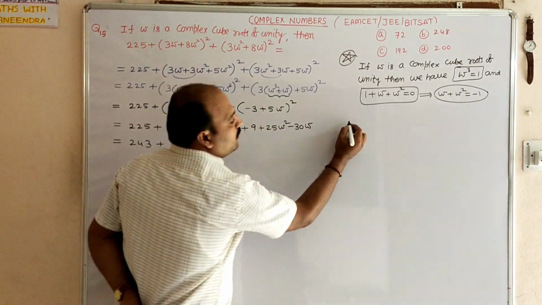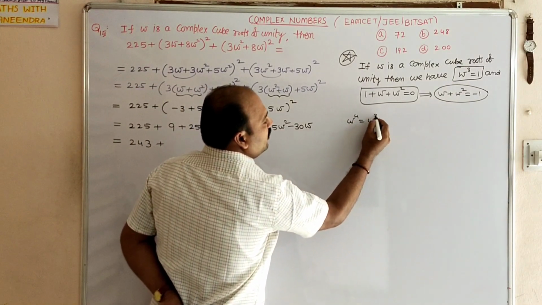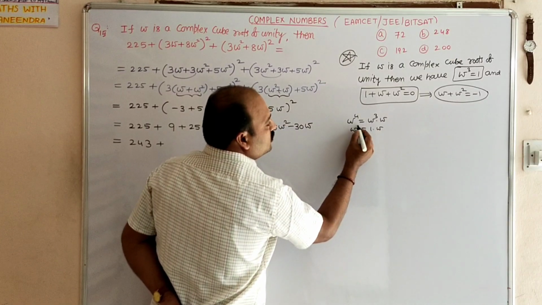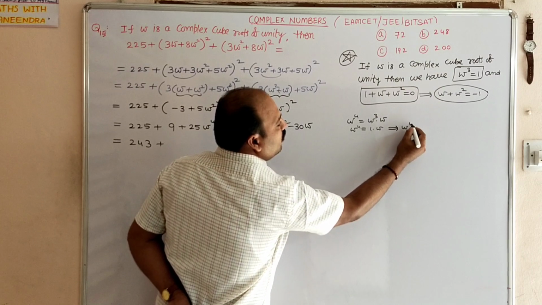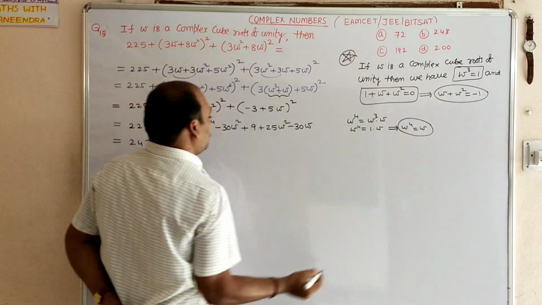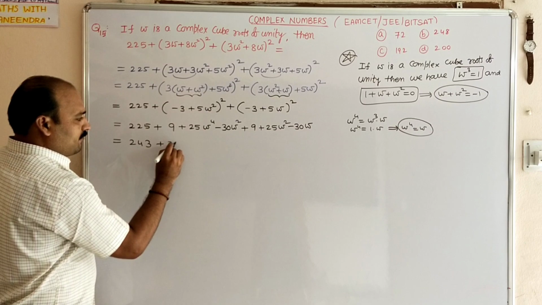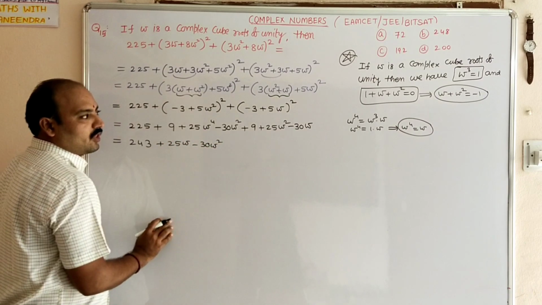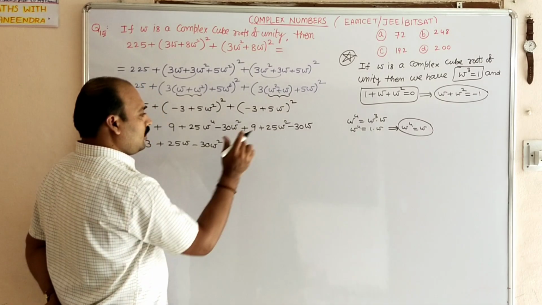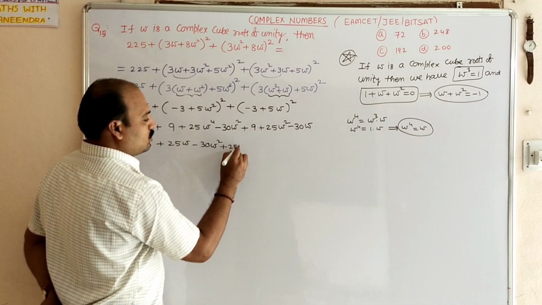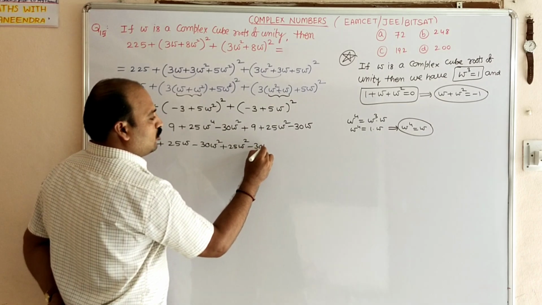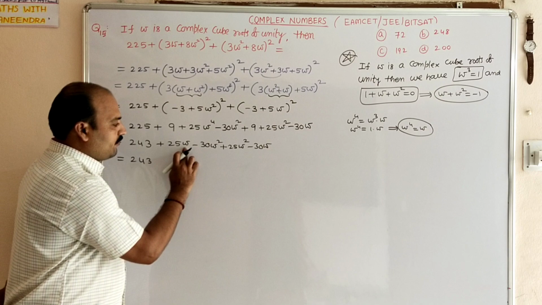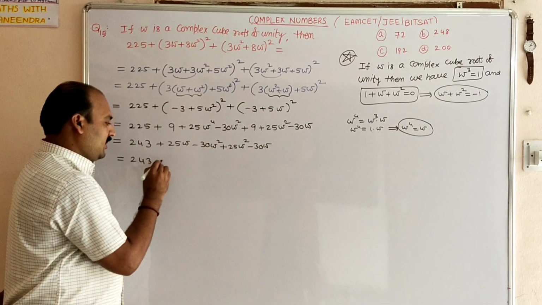Omega power 4 can be written as omega power 3 into omega. So omega power 3 is 1, into omega. So ultimately omega power 4 equal to omega. So it will become 25 omega minus 30 omega square plus 25 omega square minus 30 omega. 243, 25 omega minus 30 omega is minus 5 omega.